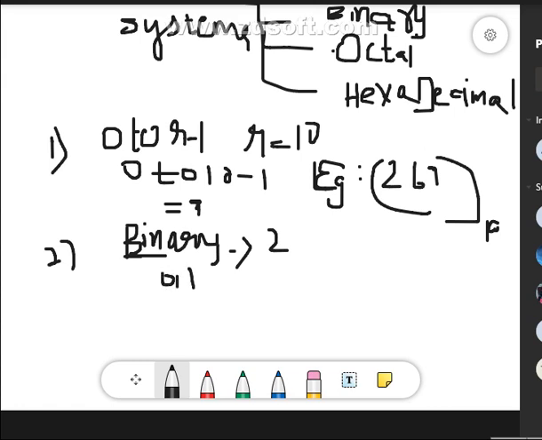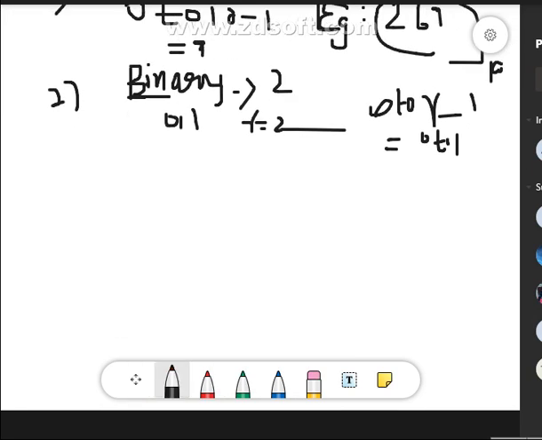Here the value r, that is the radix, is equal to 2. That is 0 to r minus 1, that is 0 to 2 minus 1, that is 0 to 1. We have to use numbers in the range 0 to 1.